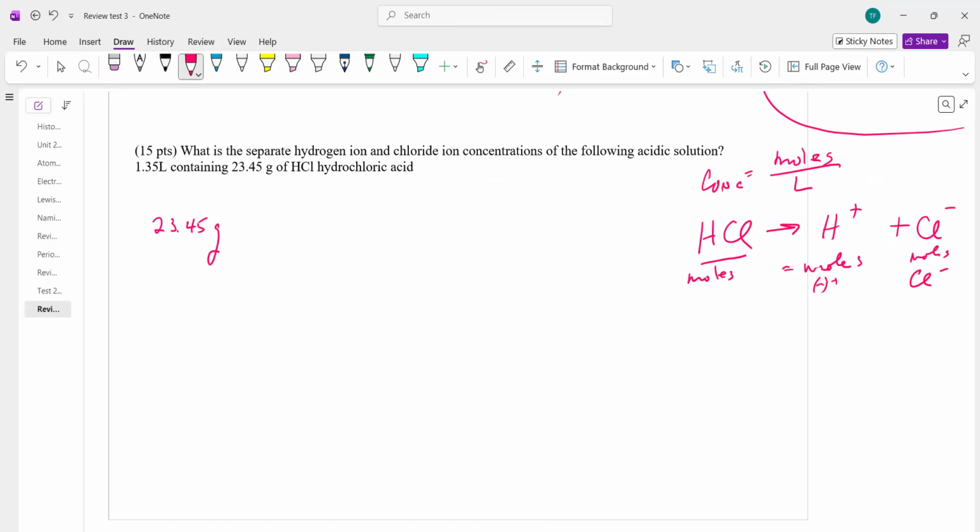Now, we're given the grams, or the mass, of hydrochloric acid. We know the molar mass of hydrochloric acid from the periodic table. So H is 1.01, chloride is 35.45. So that's 36.46 grams per mole.